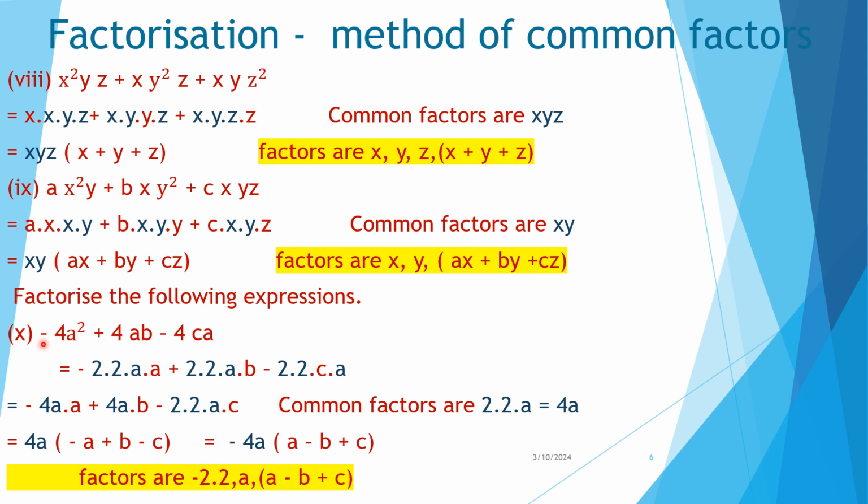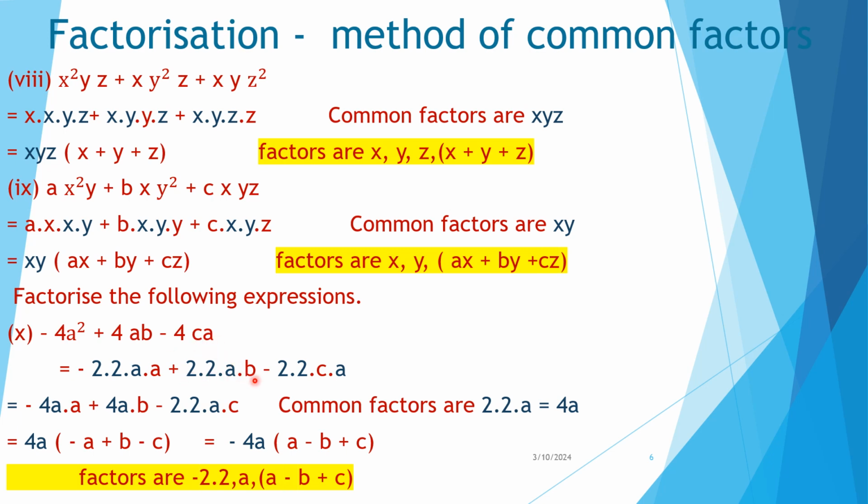Now, minus 4a square plus 4ab minus 4ca. I express them as factors. First term I have minus 2 into 2 into a into a. Second term again 2 into 2 into a into b.